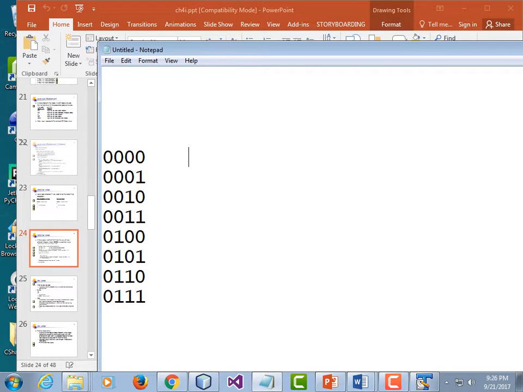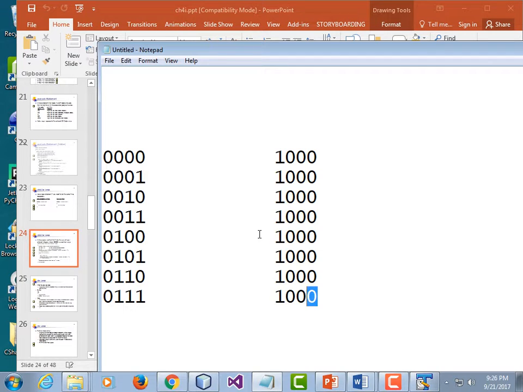Okay, and then we need some more spaces. Counting all the way up to 1111. Hope I don't make a mistake and have to re-edit these. I did. Great, I have to redo them all.